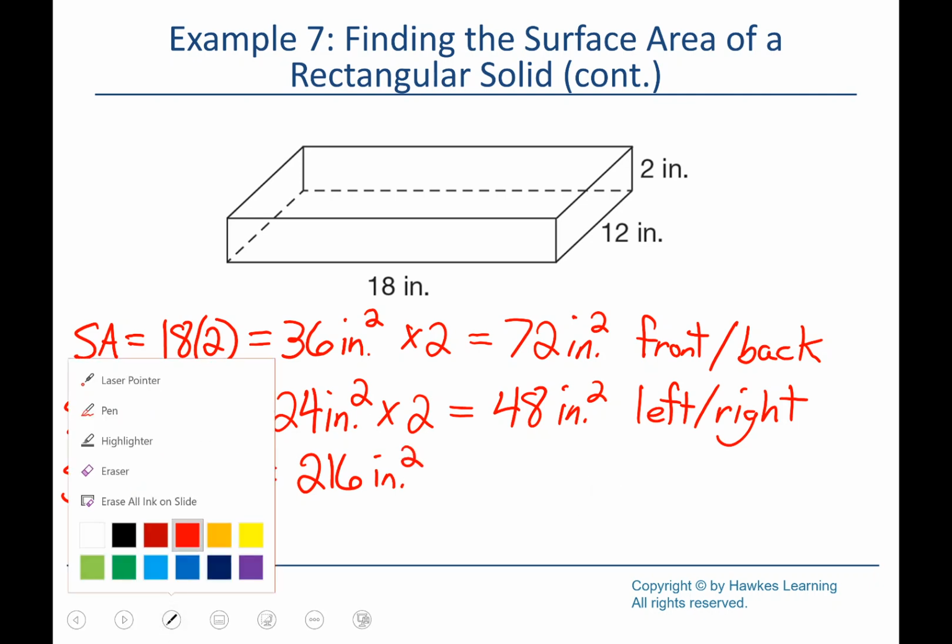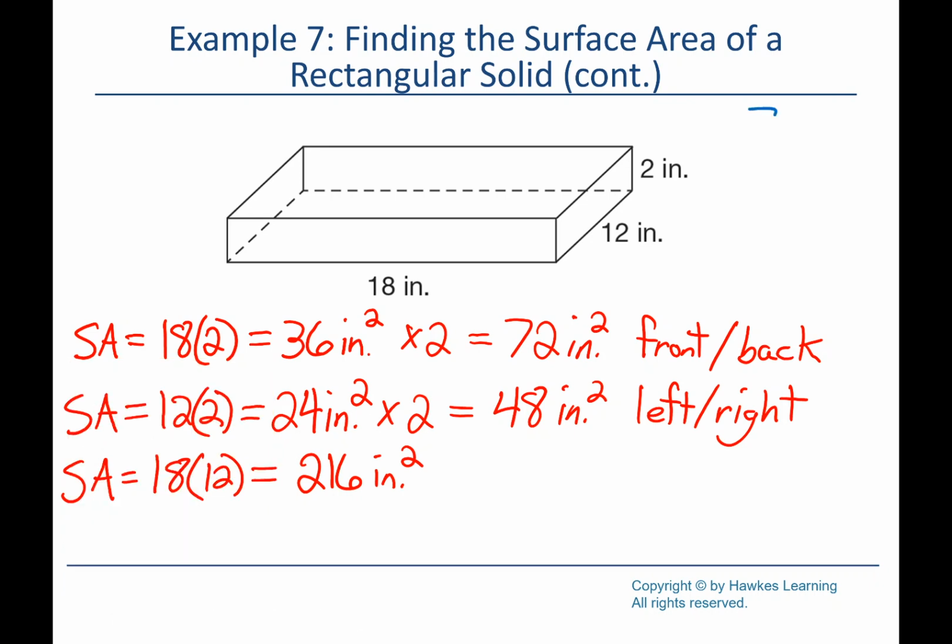We get our total surface area. 72 plus 48 plus 216. So that's adding the front, back, left, right, and top all together. Our total surface area we need to ice, we've got 336 square inches, not cubic, square inches.